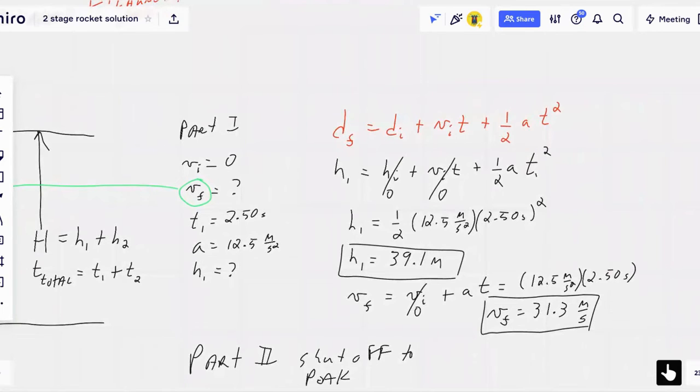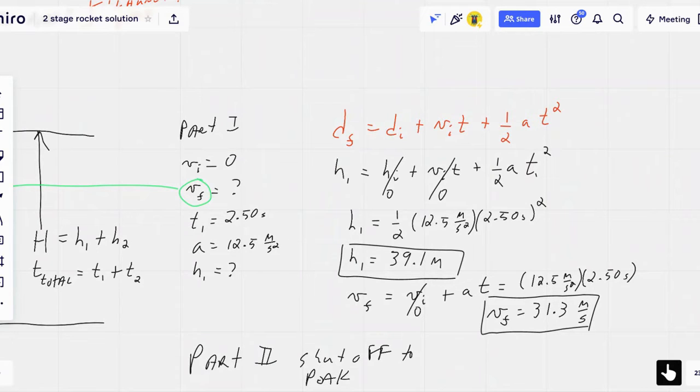Okay, part one. V initial is 0, V final we don't know. We know the time, it's 2.50 seconds. We know the acceleration is 12.5, and we want to find height 1.